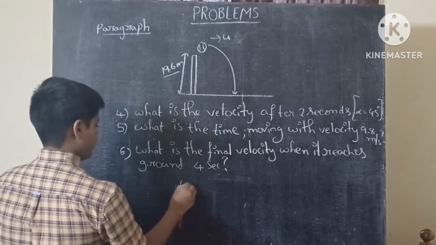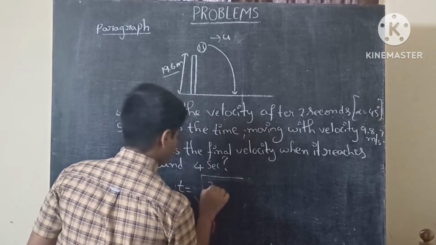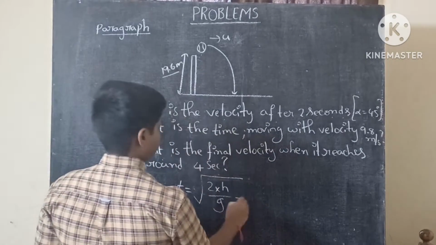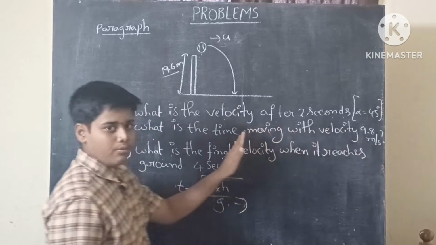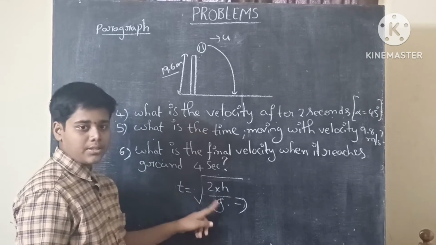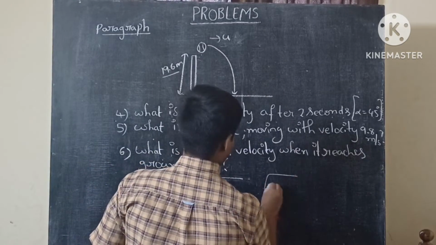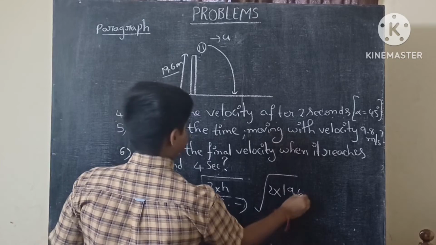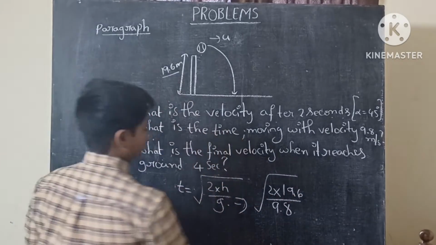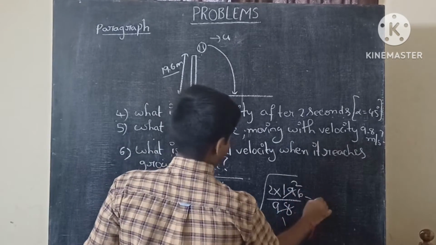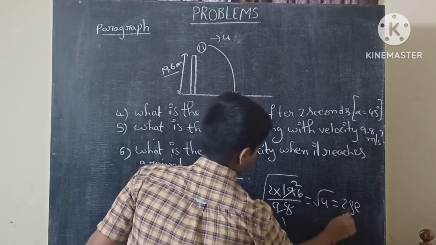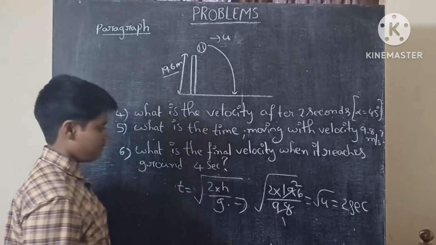Time means t equals root over 2 into h by g. So root over 2 into 19.6 by 9.8, because height is 19.6. So ones, twos. So root over 4 means 2 seconds. Okay, so this is the fifth question.